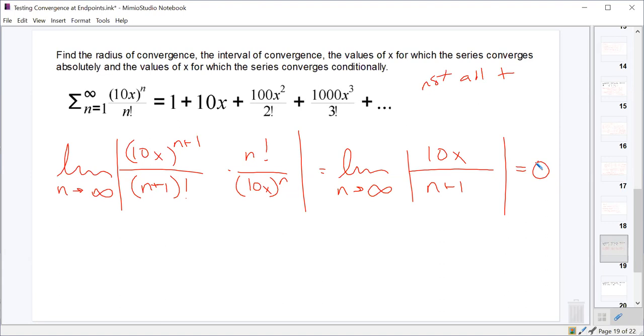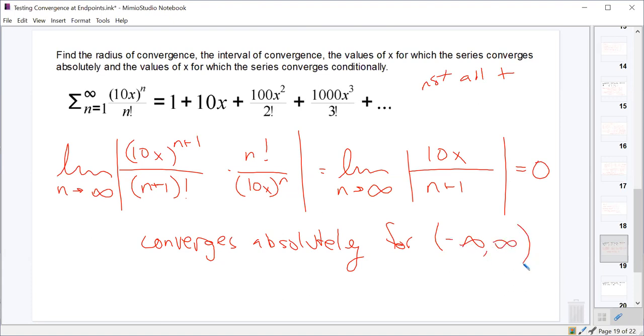What does that mean? It converges. In fact, it converges absolutely, for x from negative infinity to infinity. Your limit was 0. No matter what value of x you plug in there, that limit is 0.